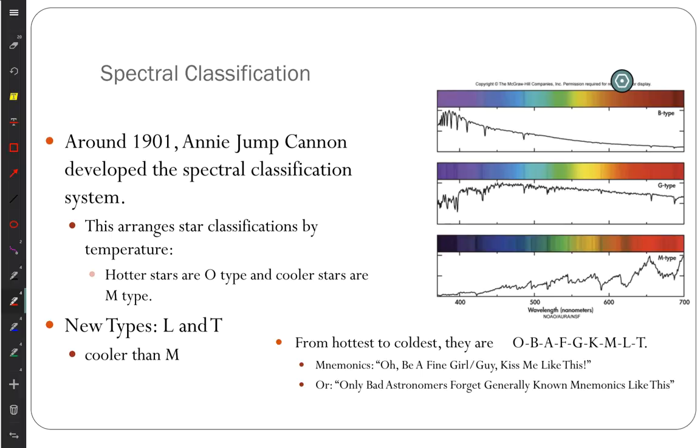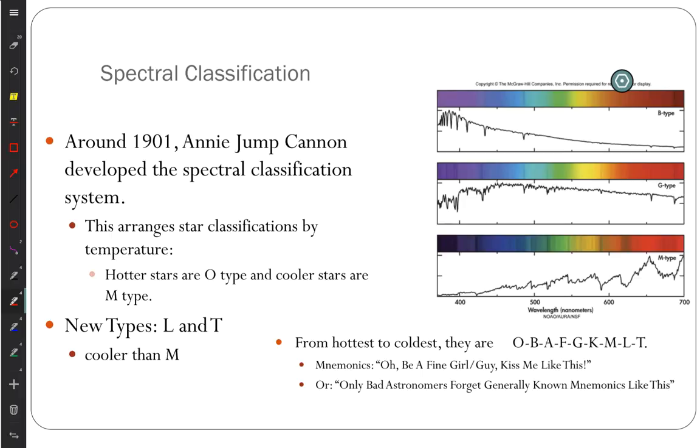So O's are the very hottest. O stars have temperatures on the order of 30,000 kelvins. You go on down, B's are around 10,000 Kelvin. A, F, G. Our sun is a G2. What's the temperature of our sun at its photosphere? 5,800 kelvins roughly, so around 6,000.